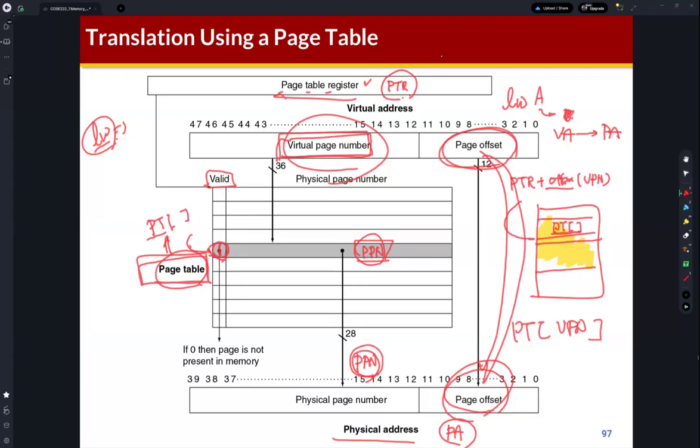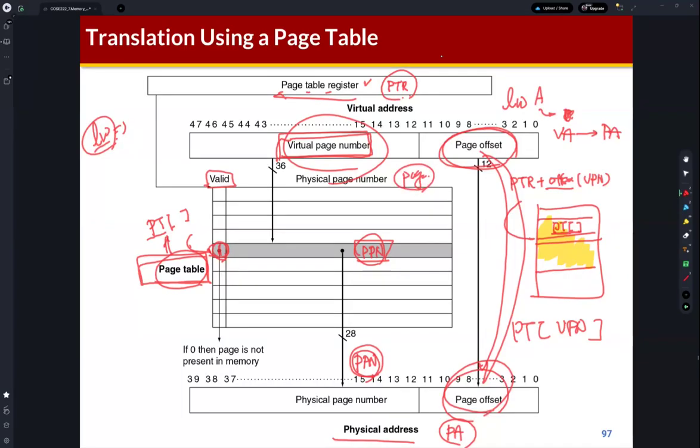But in reality, to translate the virtual address into a physical address, the page table needs to be accessed.